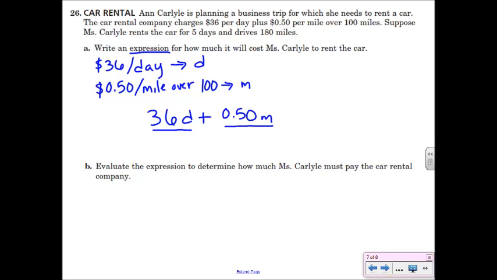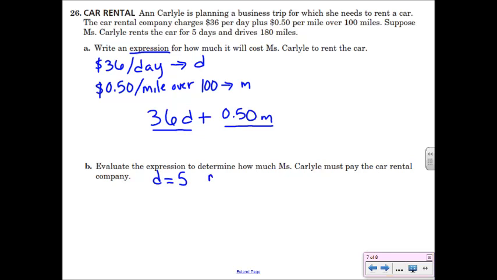In B, then, it asks us to actually solve this problem. So we know that she rented the car for 5 days. So this is like when we were evaluating expressions. We're going to put in values for what they are. So D is 5. That's how many days she rented it. And M, remember, is not just the miles, it's how many miles she went over 100.